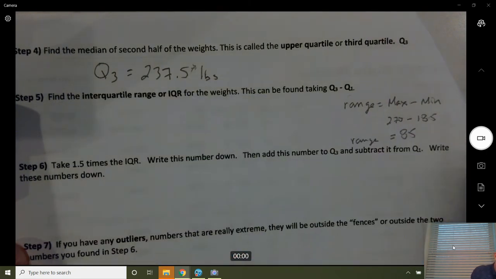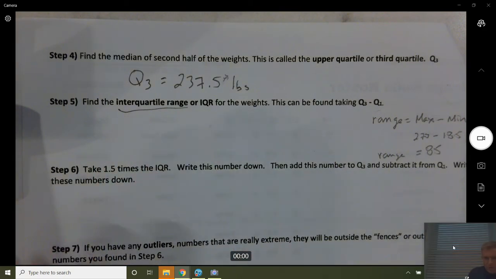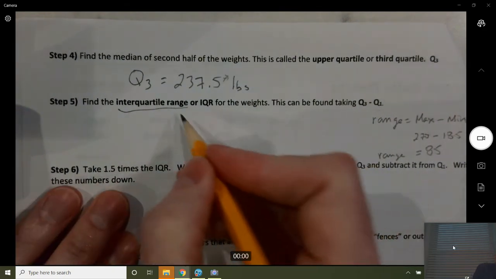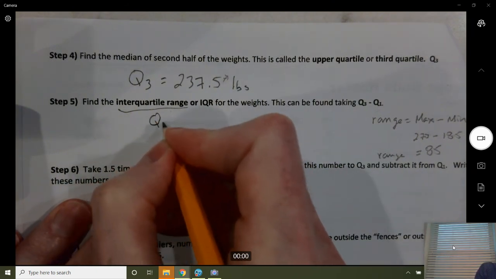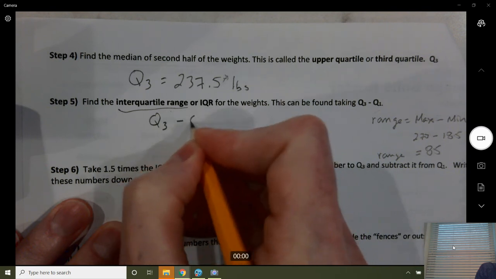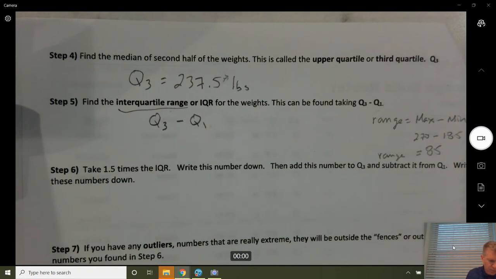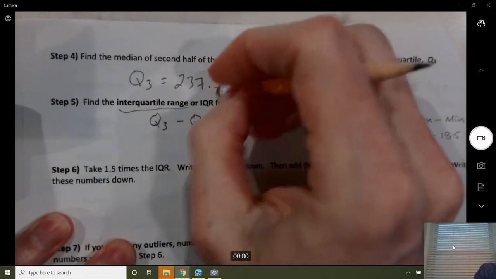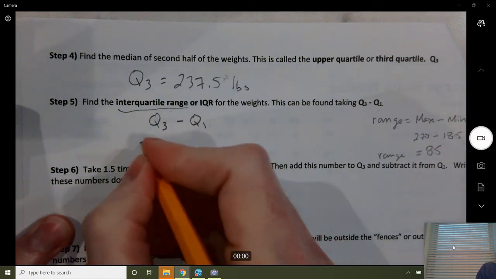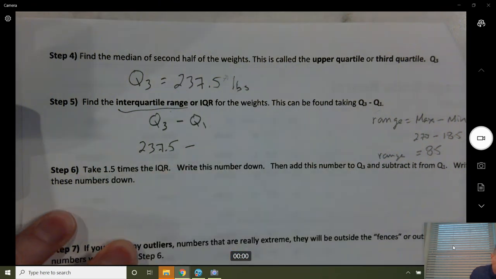Okay, but this didn't ask for your range. This asked for the interquartile range. So this is kind of the middle range. This is the distance from the first quartile to the third quartile. So the third quartile minus the first quartile is going to give us that inside range. Okay, I'll talk more about that when we draw the box plot. So our Q3 was 237.5 minus the Q1.